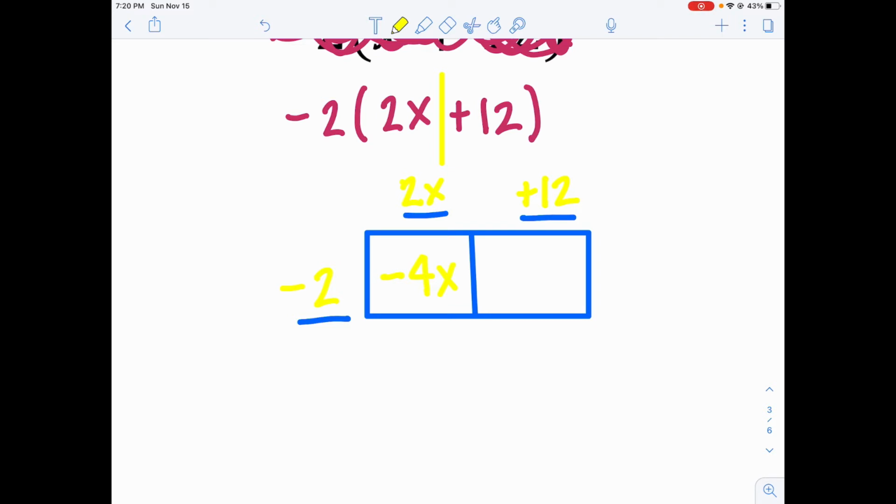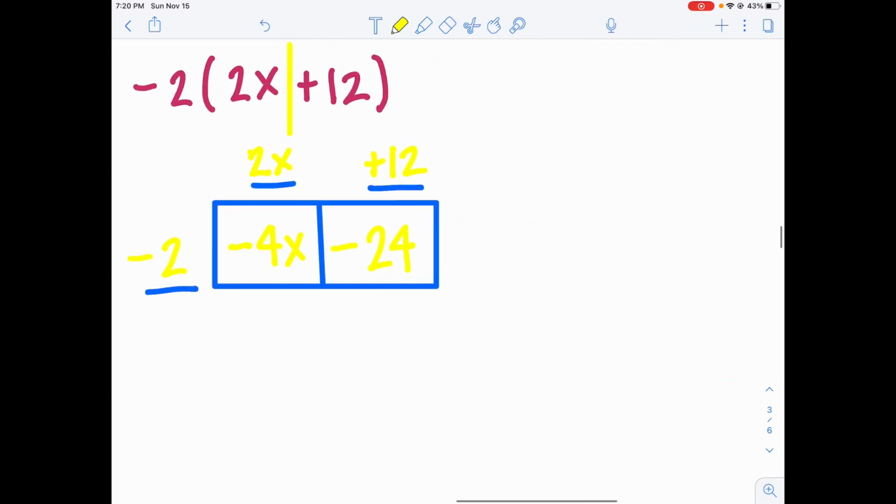Now I'm going to multiply what's in front by what's above the second box. A negative 2 times a positive 12. A negative times a positive is a negative. And 2 times 12 is 24. Now I'm going to write my expression off to the side. It is negative 4x minus 24, and that is my answer.